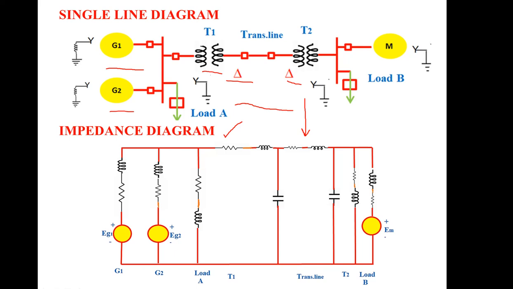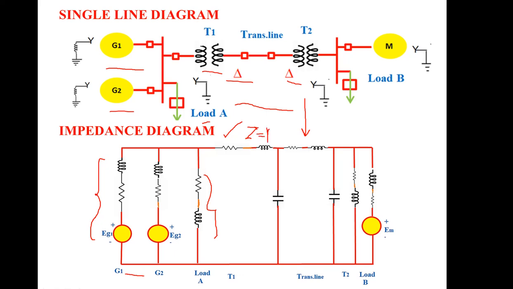So this is the diagram representation. Here G1 and G2 are generator 1 and generator 2, connected with these transmission lines, and this is load A. Here impedance means R plus jXL, that is the concept.